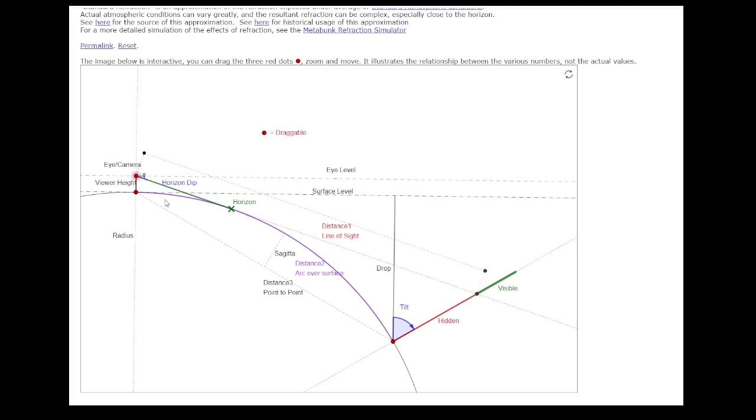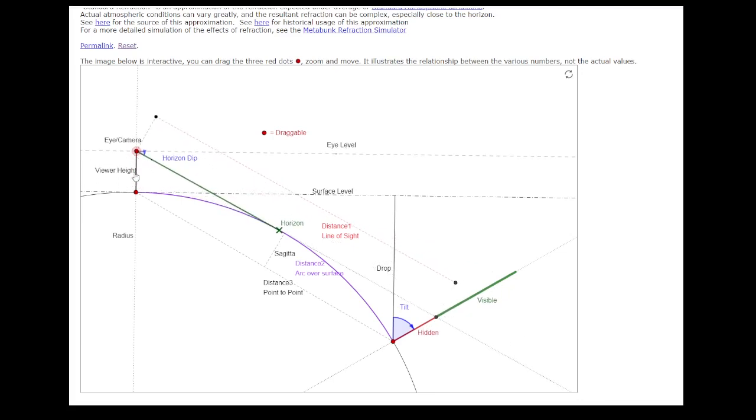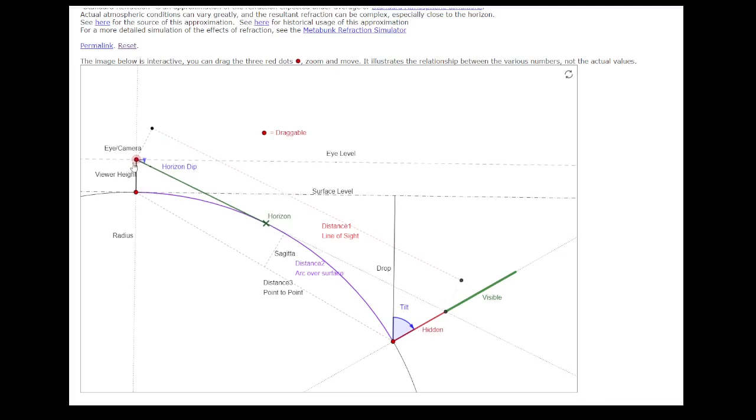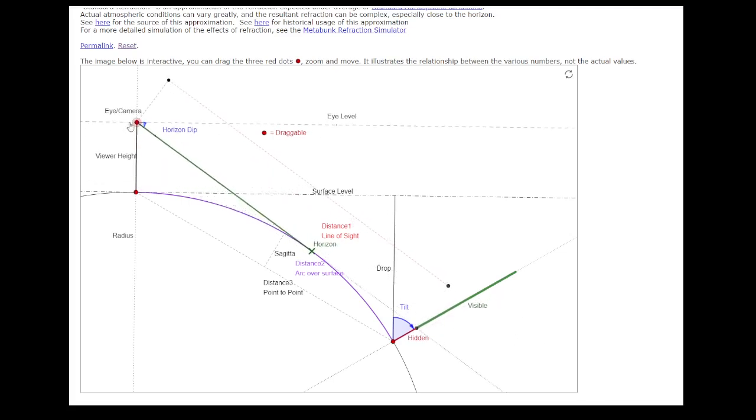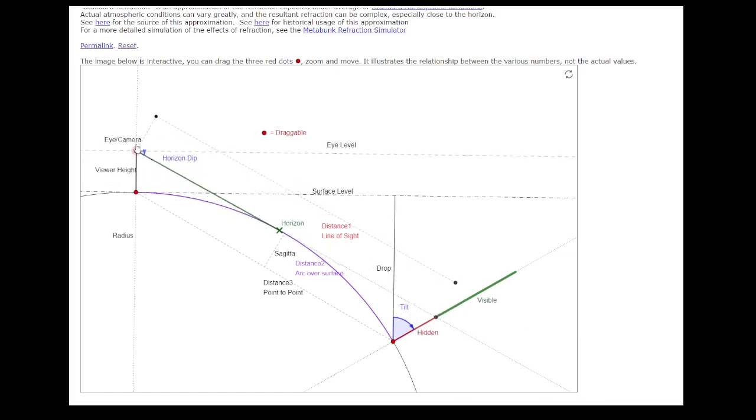Now, the model can prove itself. All of these things can be adjusted, and your model works. It is a so-called working model, and you can accurately calculate or measure, if you like, the distances and the angles that occur when we make these changes to the observer's height.